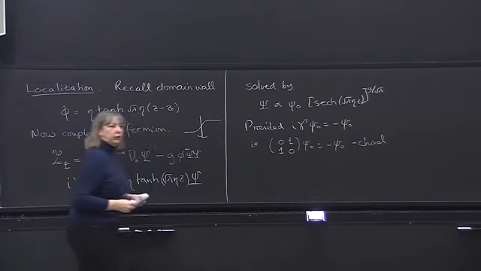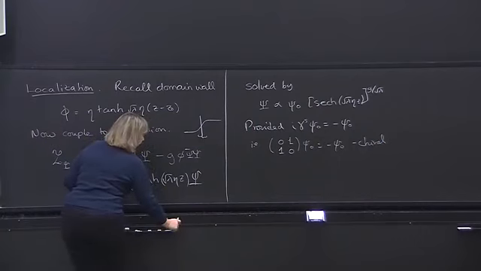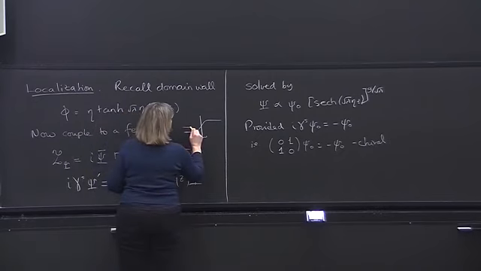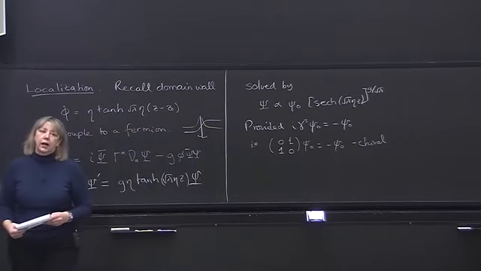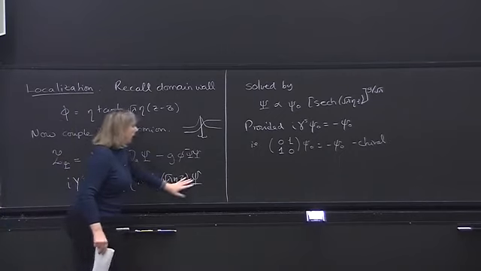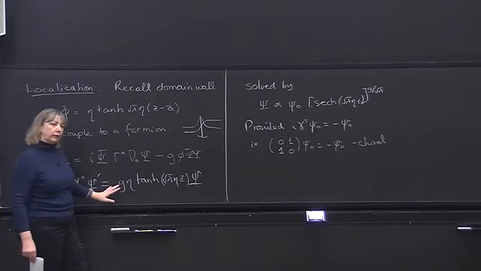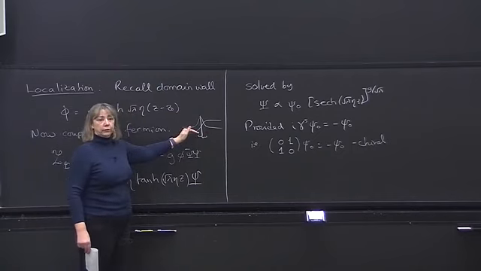So now I could imagine, what I've got here is my domain wall profile, and I've got something that looks something like this. So what I've done is found a way, in a non-trivial background, to see that the fermions also develop non-trivial profiles.